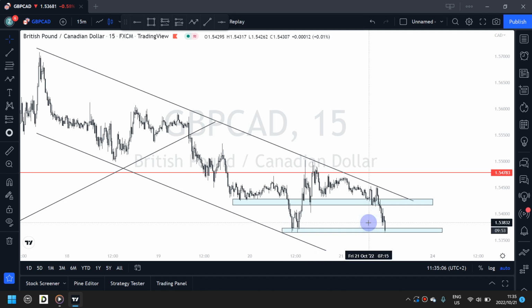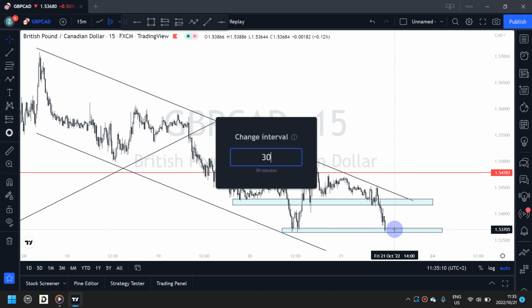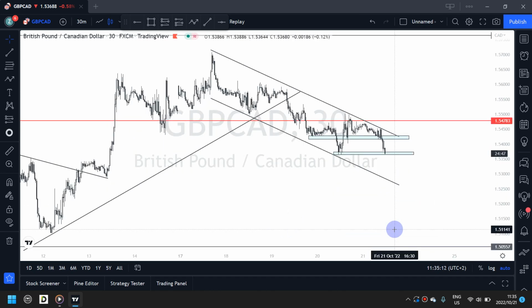So yes, that's what I would cater for. But the market is not perfect. Follow the market and do not lead the market, right? So this is the setup that I have for this GBPCAD pair.